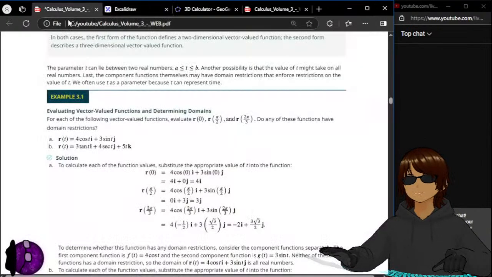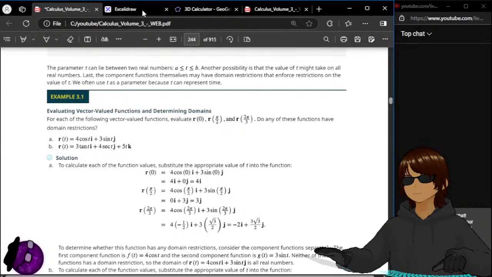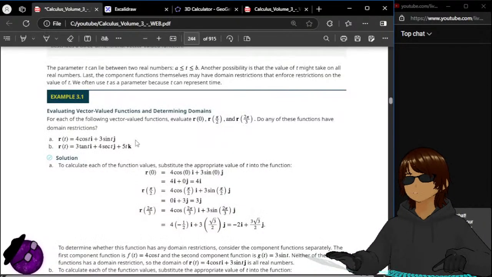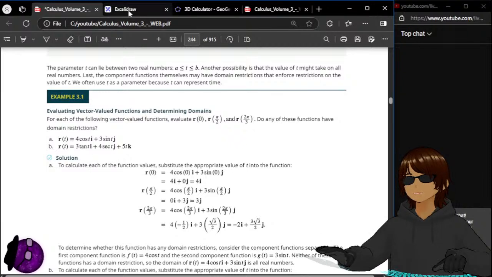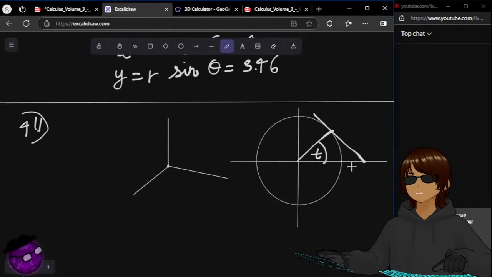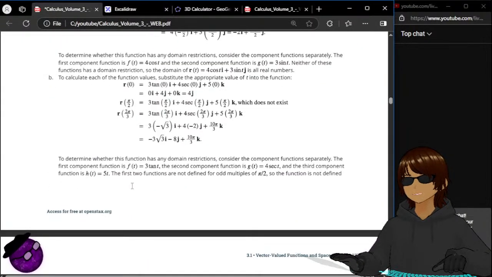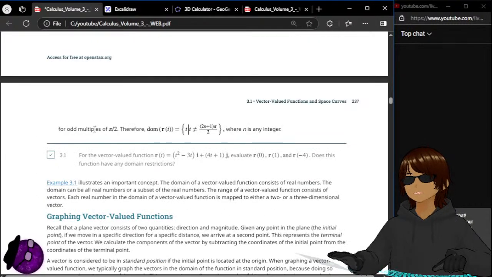So at pi over 2 and 3 pi over 2 and multiples of those, that's where sec theta and tan theta are not defined. So that's where the domain is restricted. The first two functions are not defined for odd multiples of pi over 2.